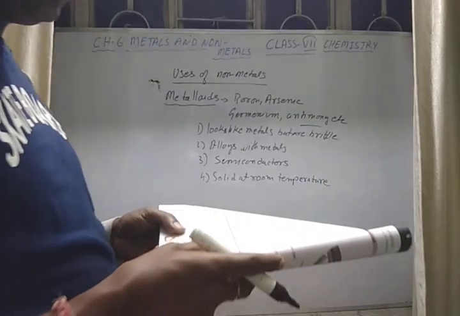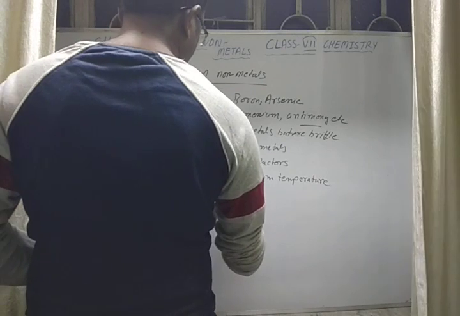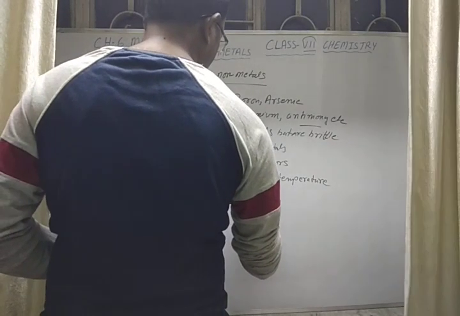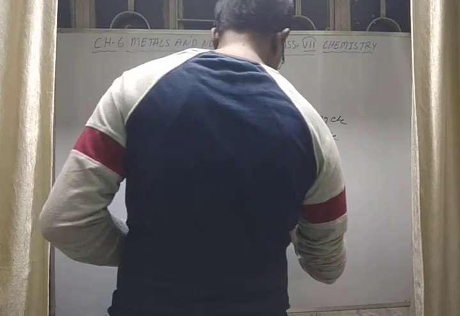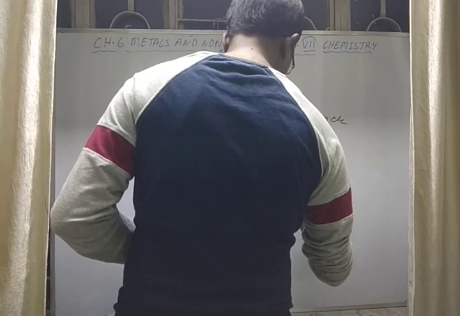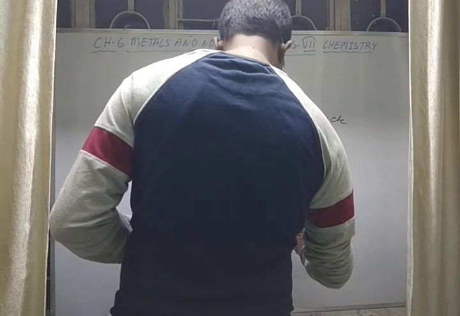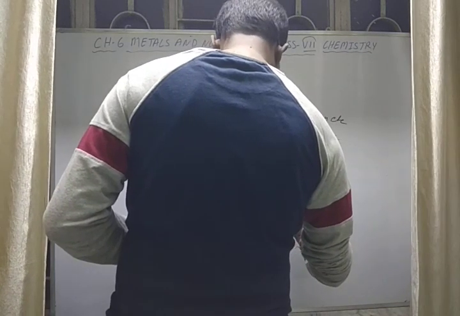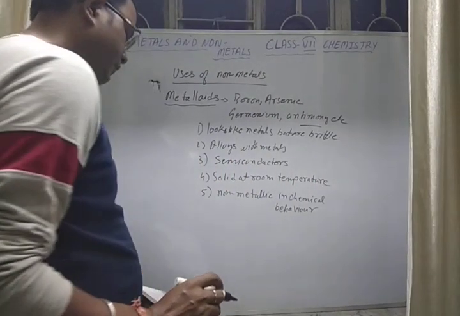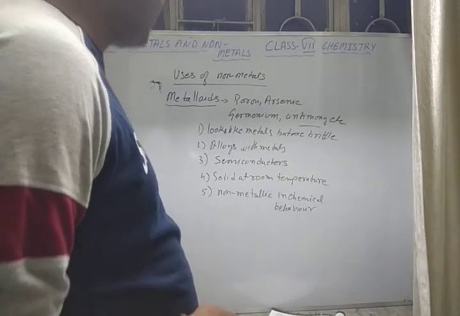They are mostly non-metallic in their chemical behavior. So these are the properties of metalloids that we have to remember.